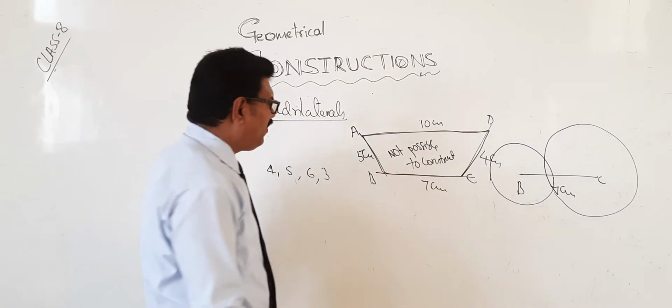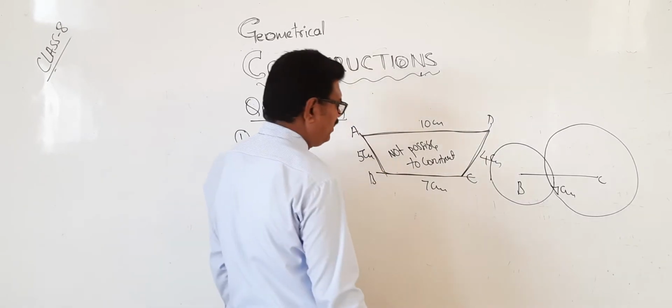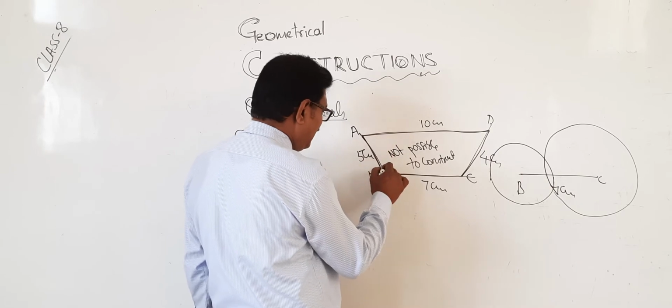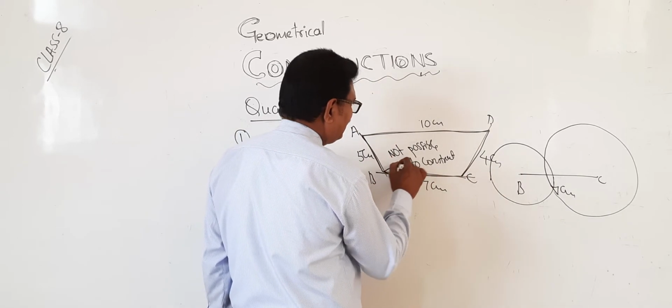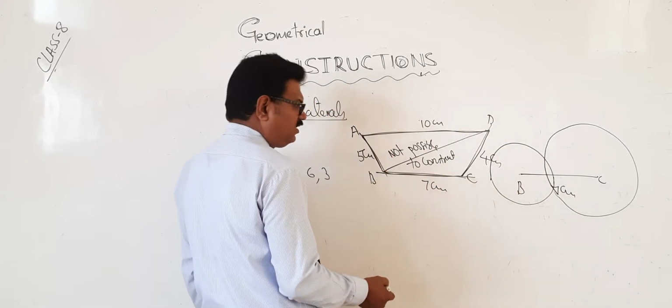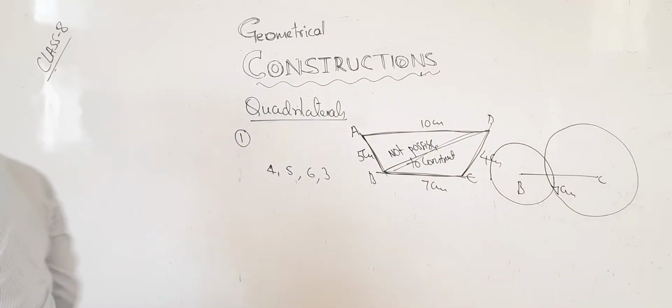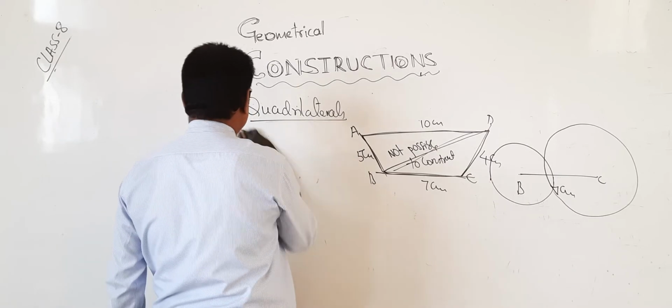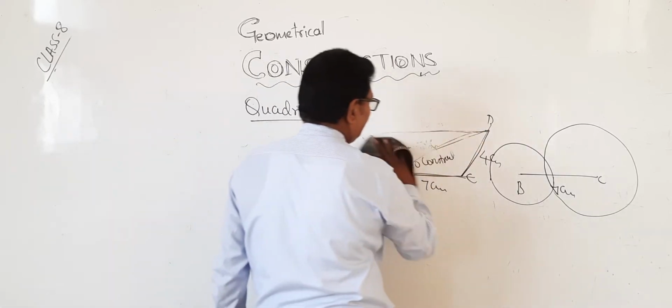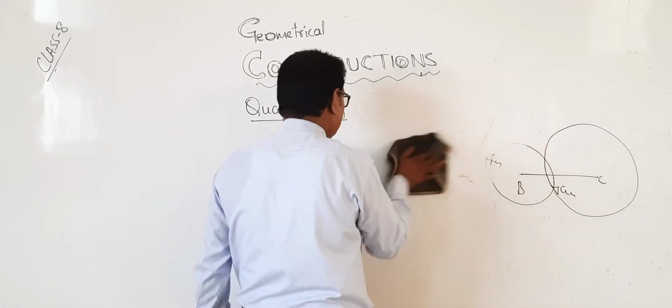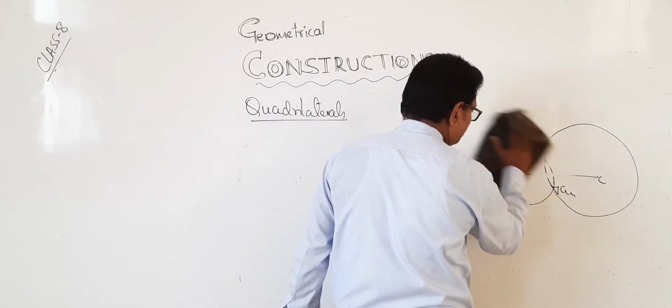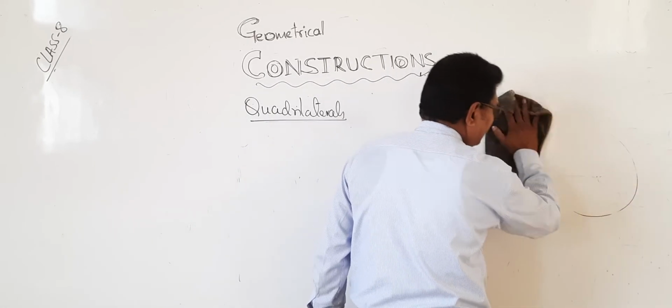Instead of 4, if I had taken 5, 100% you will get it, because AB will draw, BC will draw, like this you will draw. So how many elements are required to construct a quadrilateral? We want 5 elements to construct a quadrilateral.